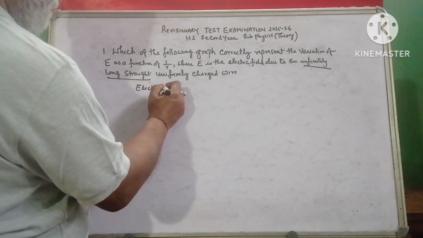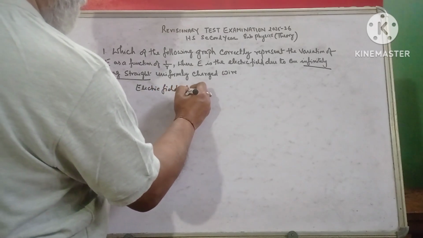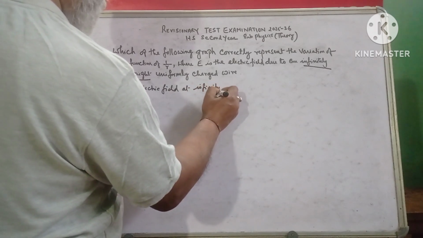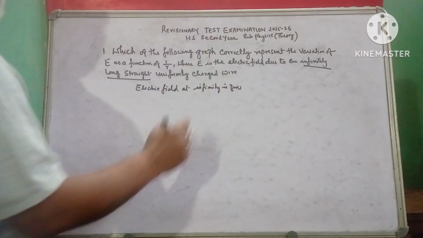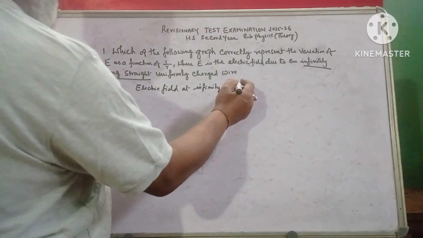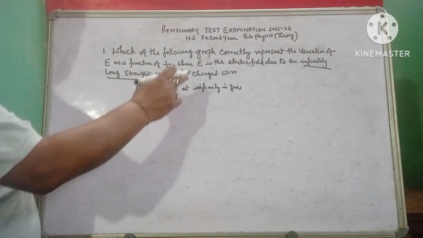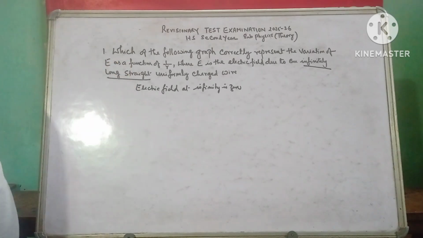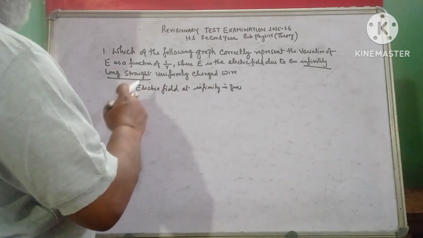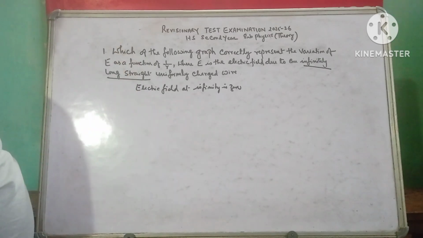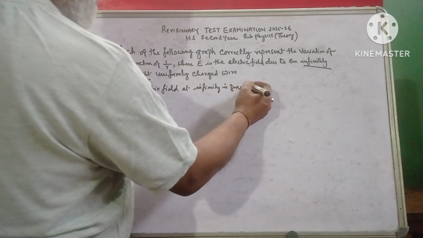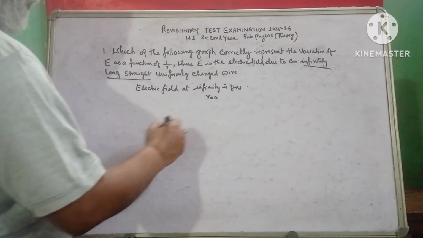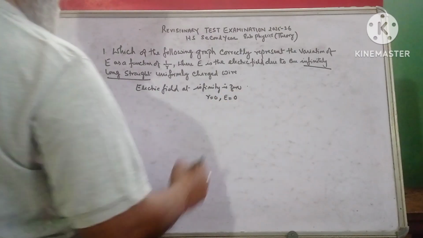We start from there, and that becomes our initial point for an infinitely long straight wire. So for that initial point, when r is zero, the electric field is also zero.